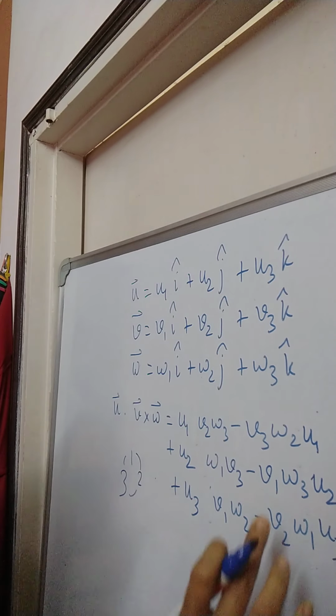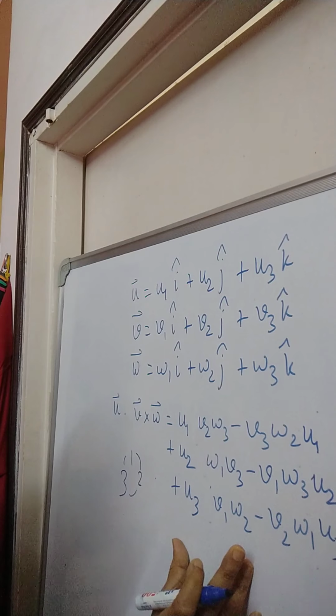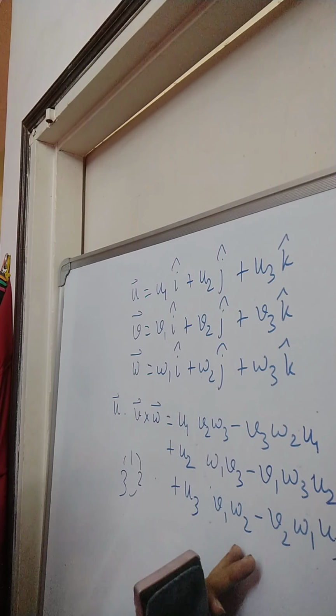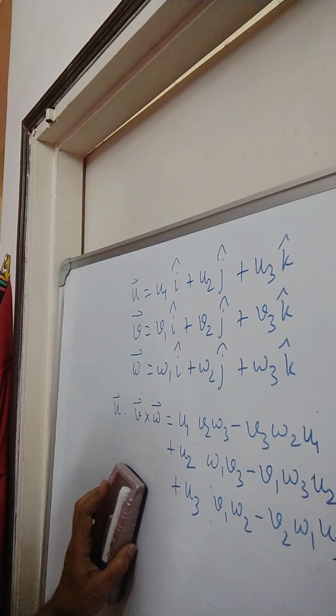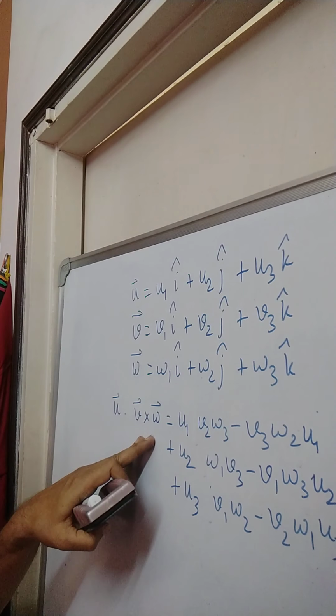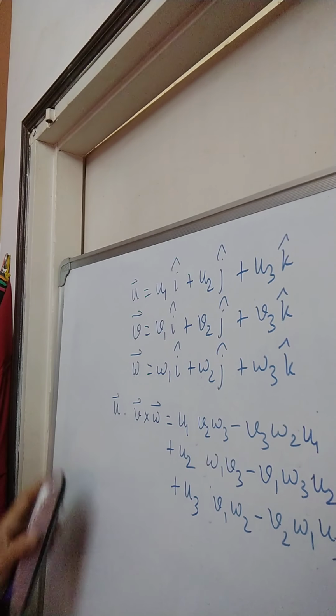Similarly, this is 1, 3, 2 and this is 2, 1, 3. So, these are the even permutations and these are the odd permutations. So, they are positive and they are negative. If we calculate the other two dot products keeping the order U, V, W intact, then the same result comes.